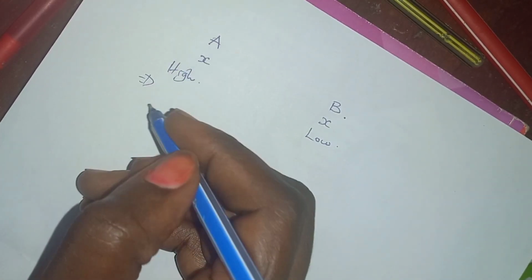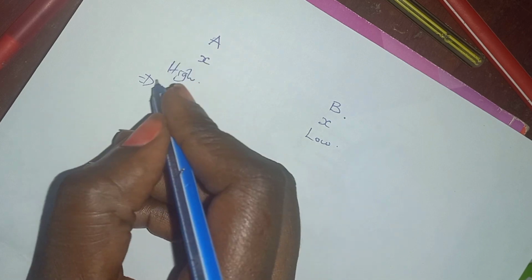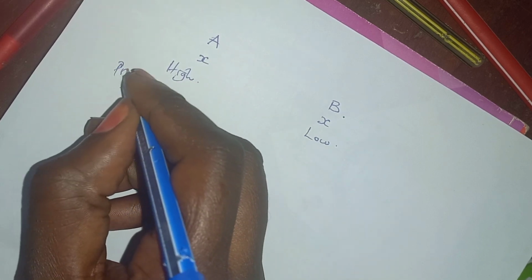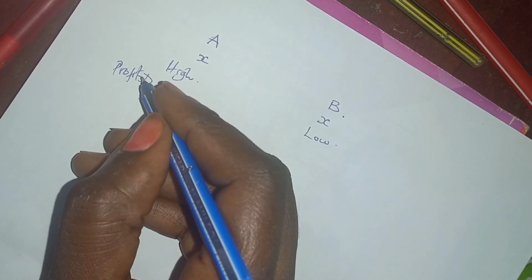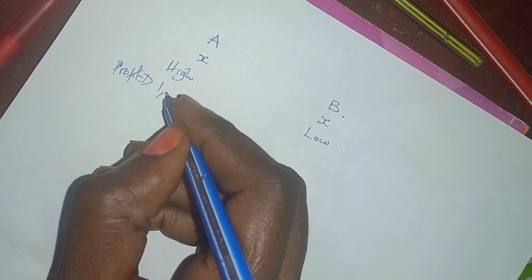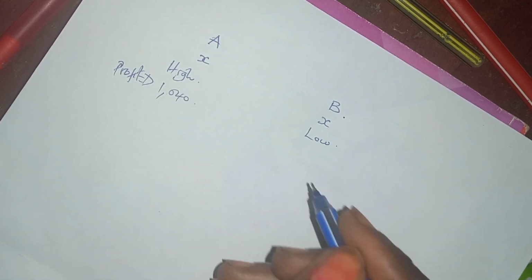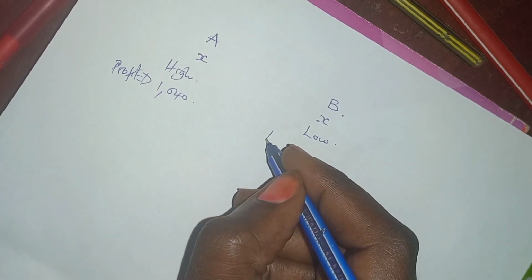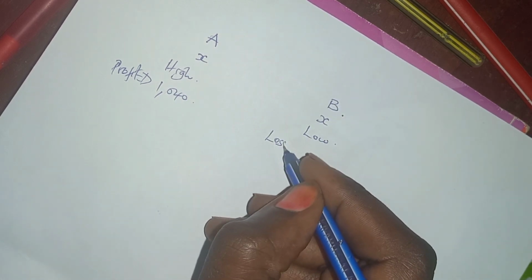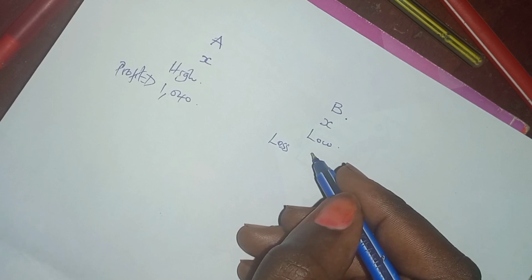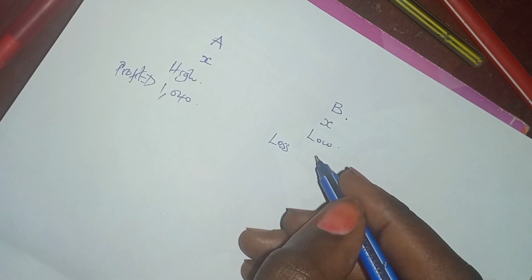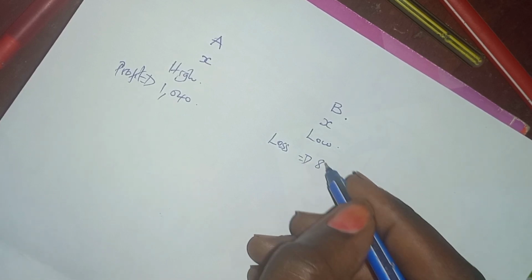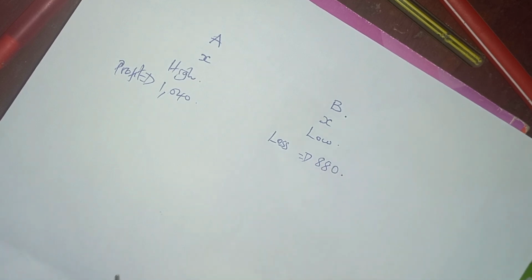She sold this A at a profit. She sold it at 1,040 shillings and made a profit. And for bag B, she lost. She sold it at a loss, and she sold it at 880 shillings.